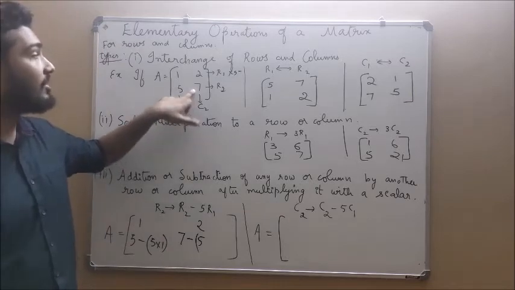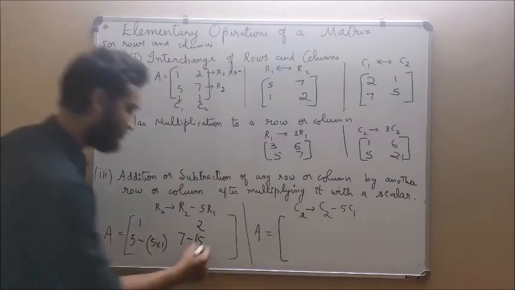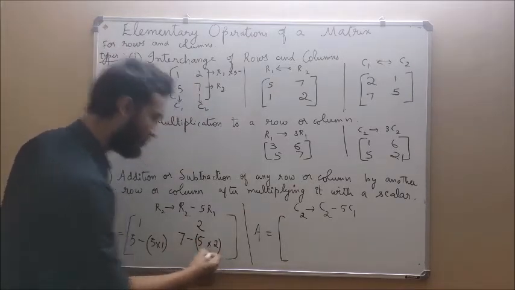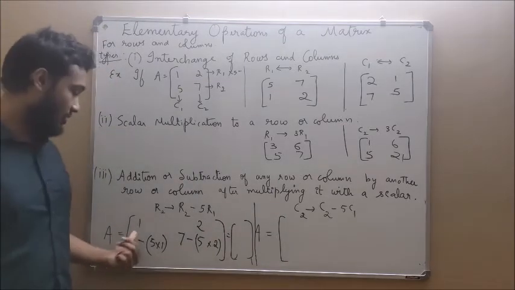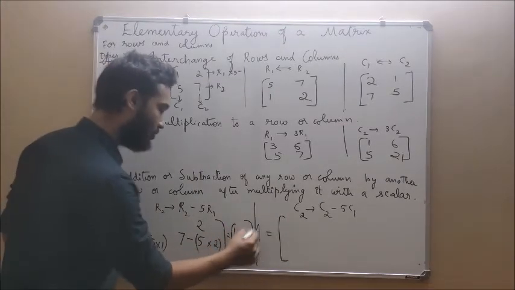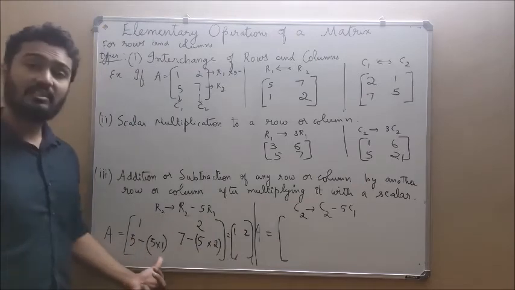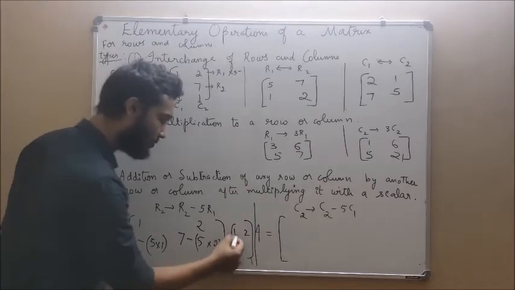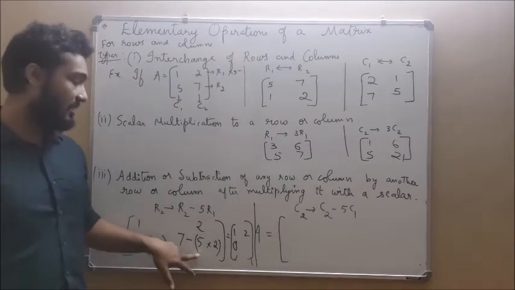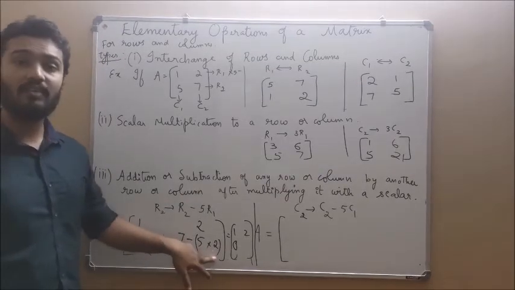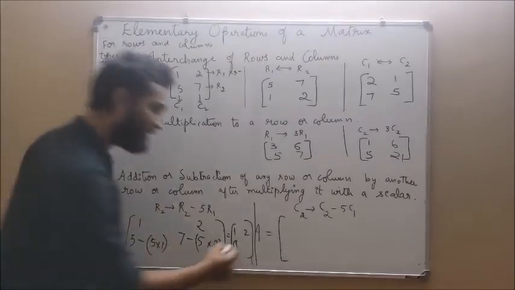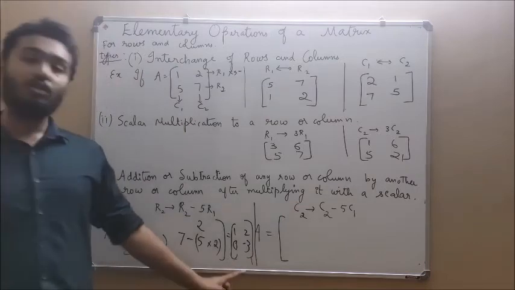What is the corresponding element of R1 here? 2. So this is nothing but 1, 2, 5 minus 5. 5 minus 5 is 0. 7 minus 5 into 2 is 7 minus 10. It is minus 3.